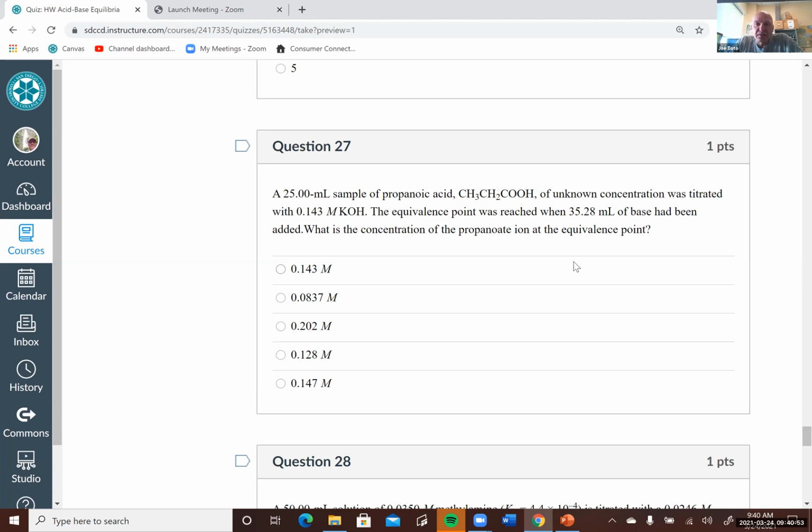What's the concentration of the propanoate ion at the equivalence point? So the propanoate ion is like the oxalate ion, the acetate ion. It's the conjugate base of this weak acid, and it's at equivalence point.